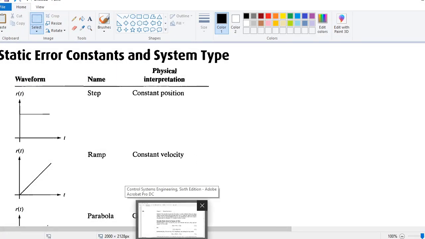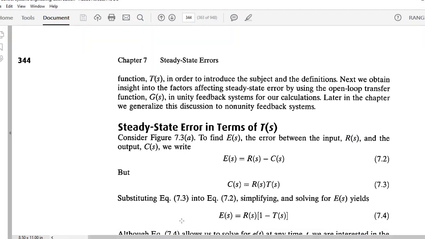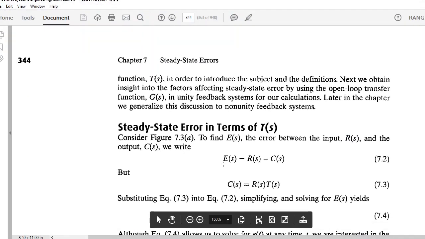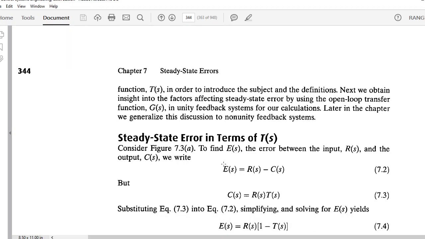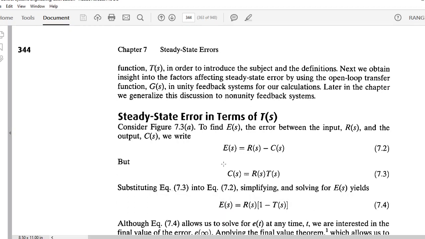Today we're going to continue with chapter 7, which is part of module 5. What we're going to do is recap what we did the week before last, because last week we were doing some of our revision work. The week before last, we expressed steady state error in terms of the closed loop transfer function.